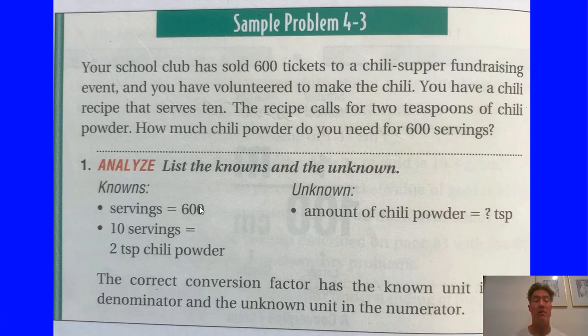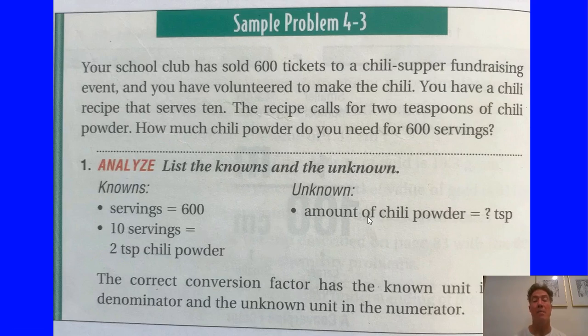We have to make 600 servings. We know that for every 10 servings, the equivalent amount we need of chili powder is 2 teaspoons. You can probably see that we're going to use this equivalency to make a conversion factor, right? We can say 10 servings per 2 teaspoons of chili powder, or 2 teaspoons of chili powder per 10 servings.